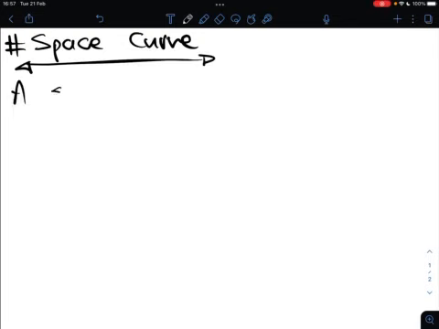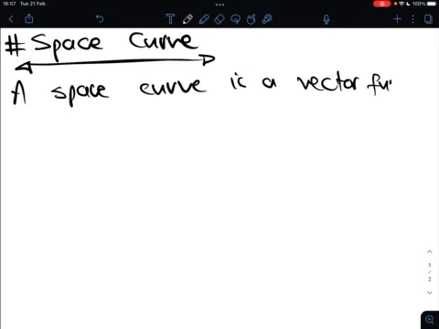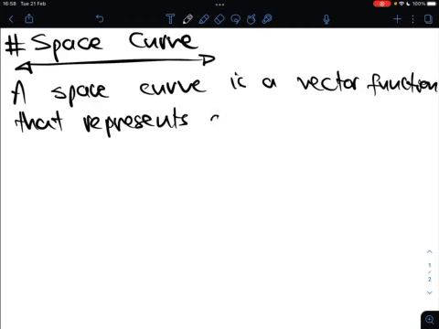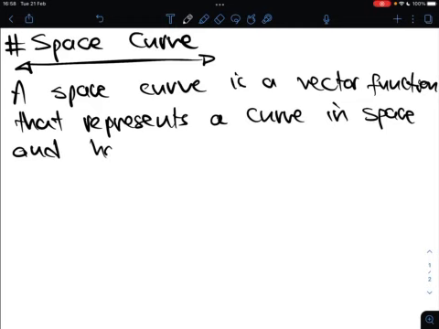A space curve is a vector function that represents a curve in space.